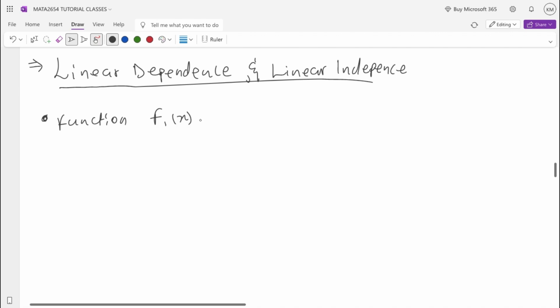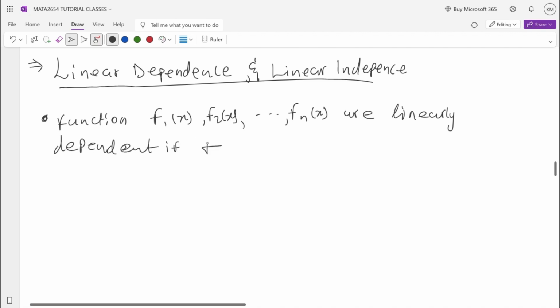Okay, so in theory, they say that functions f1 of x, f2 of x, and so on to fn of x are linearly dependent if they can be written as a linear combination of the other.